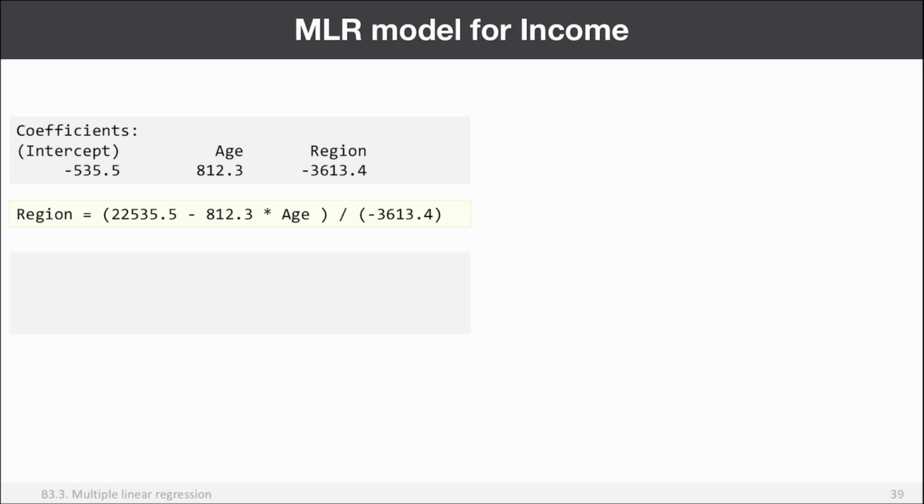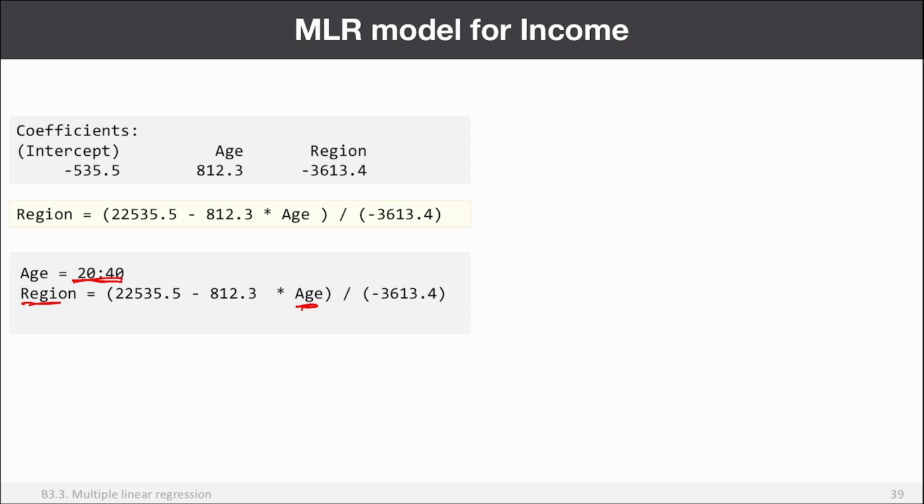Moreover, I can actually generate, now I will use R, points for age between 20 and 40. So it's 20, 21, 22, 23, 24, and so on and so forth, 21 points. And then I can compute region for every point from age. So it's just R code. You can just repeat it if you want.